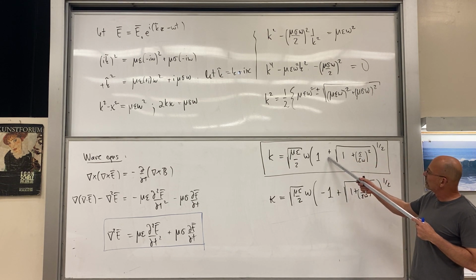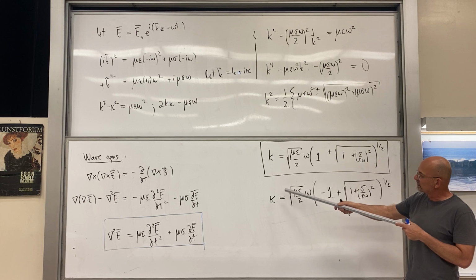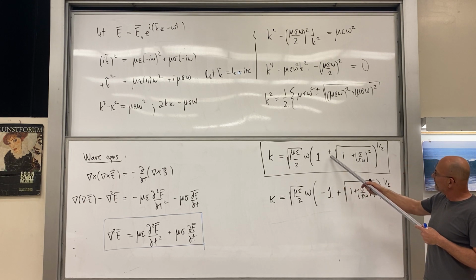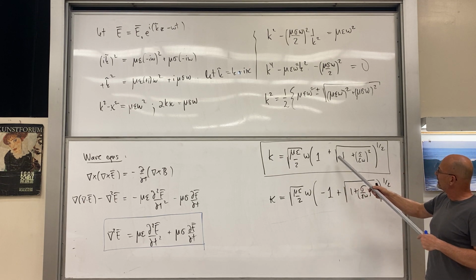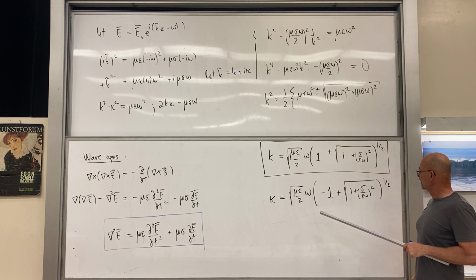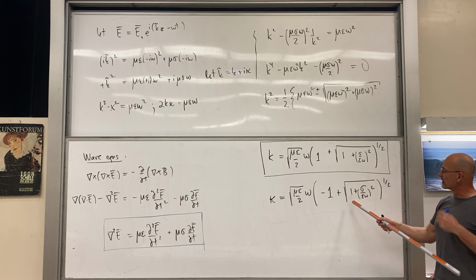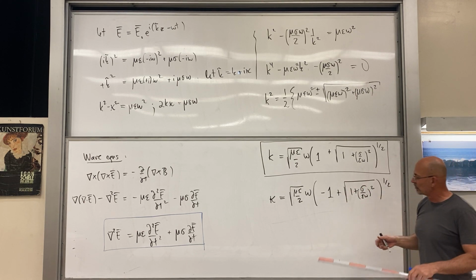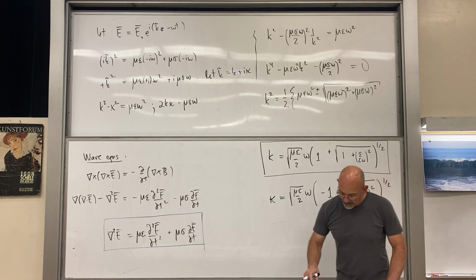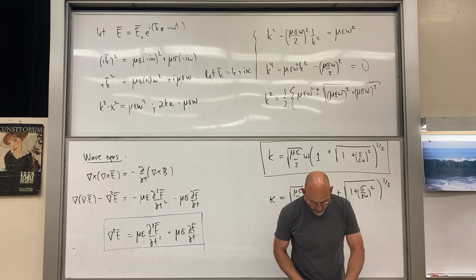The plus sign was clear, because k and kappa are real and imaginary parts, so they're real, and we had to have the plus sign here. A minus sign would have made this imaginary again. Good, and this is greater than 1, so this is also correct. So with those, very similar.